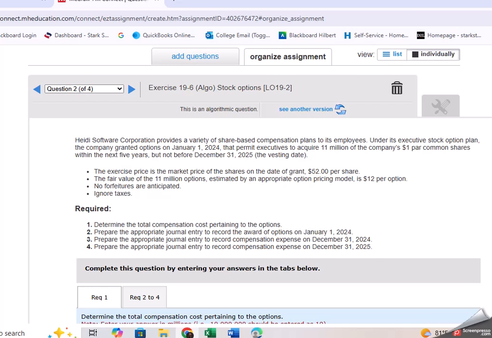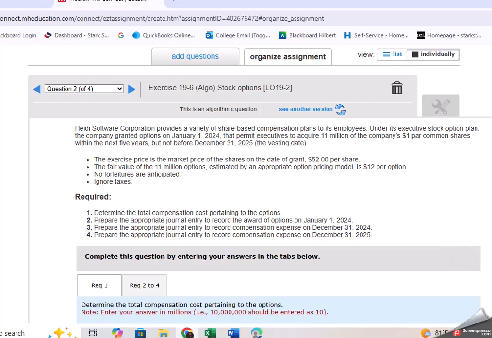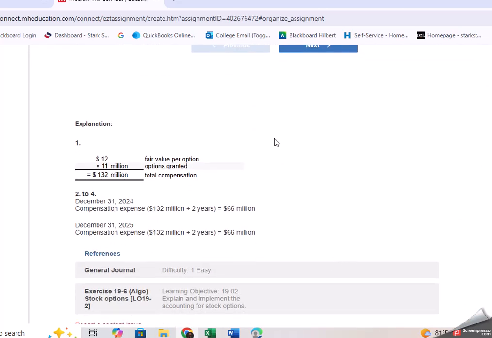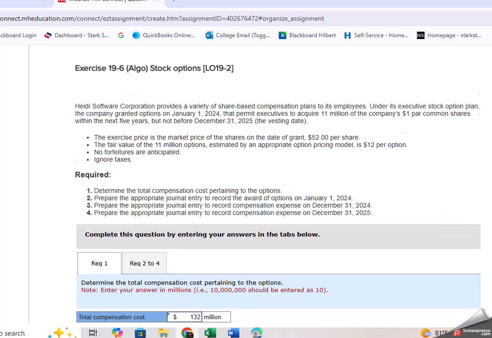No forfeitures are expected. So then if we go down here, we're going to take the $12 fair value times the 11 million shares that we are offering, and that's 132 million, and it vests over 2 years.